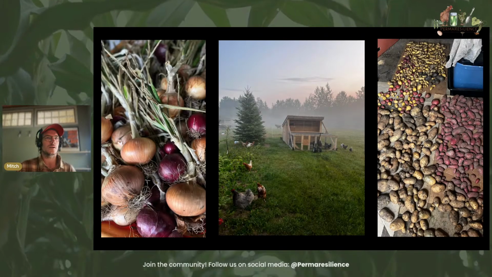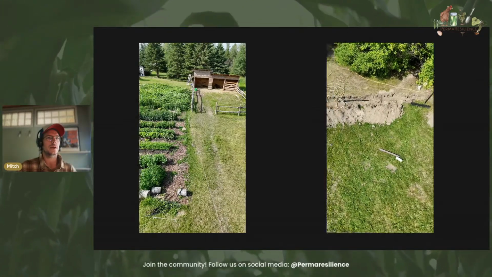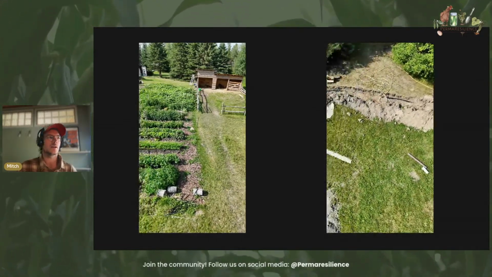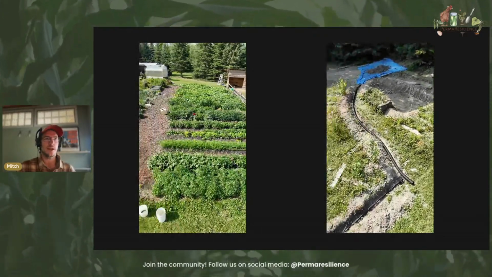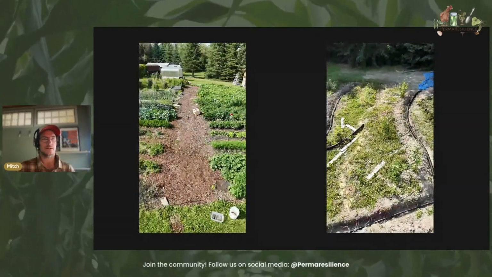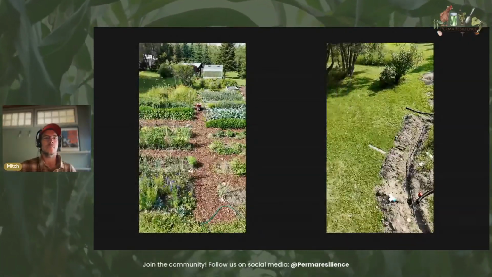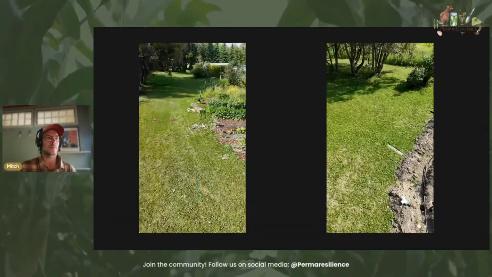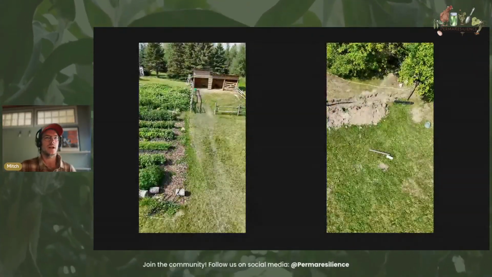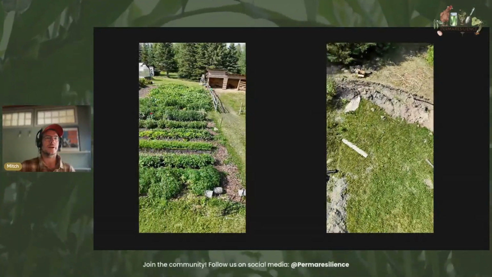And here are some drone videos of some of the systems that we have going on. That video on the right there, that's a rainwater harvesting system that overflows into a pond, and that overflows into a couple of swales, finally to another pond. I'll play that video again, just so you can get a little bit more context to what's going on there.